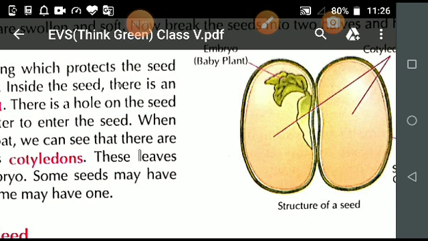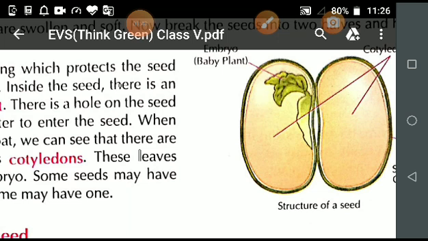The outer protective layer of the seed is called seed coat. And what is the role of the seed coat? It protects the embryo from injury and from drying out. Is it clear?